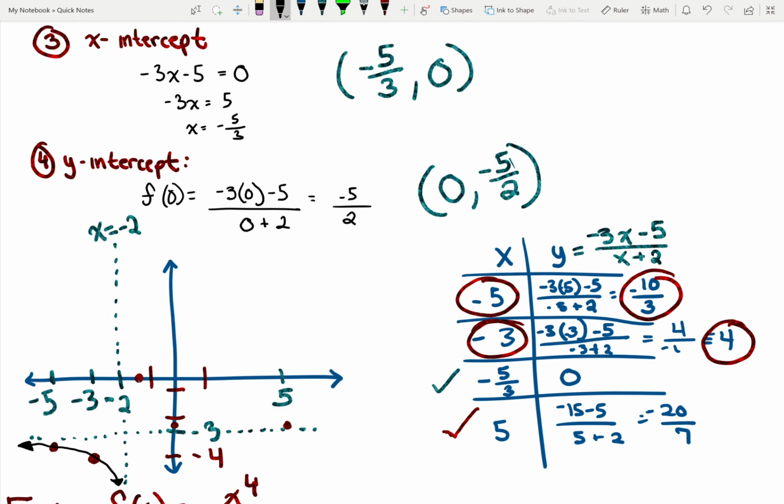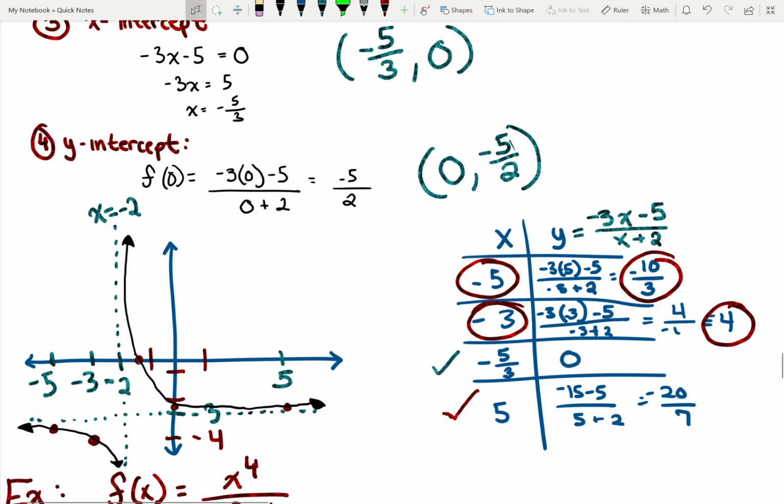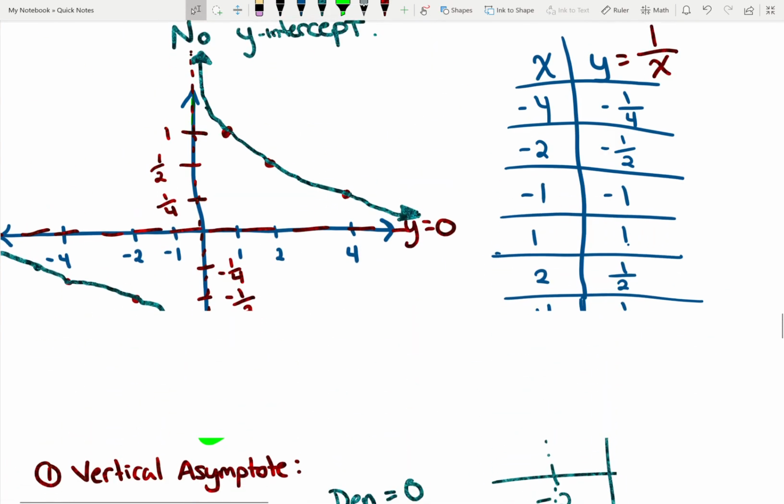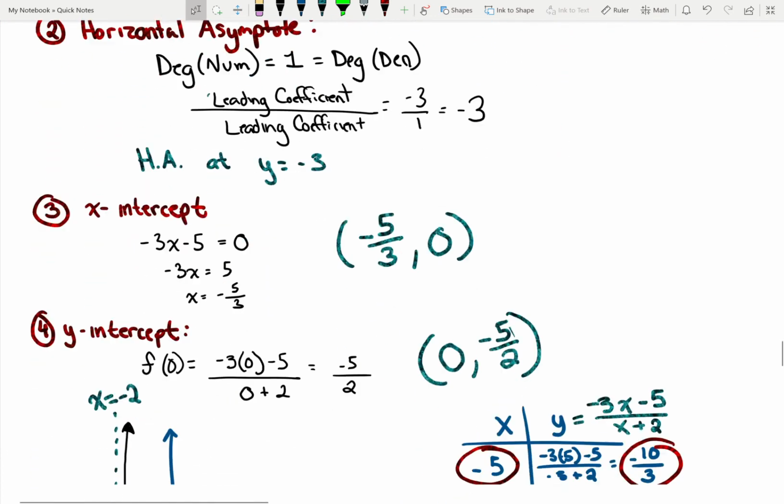And same thing goes with this guy. I want to connect these 3 dots in a way that they kind of bend and avoid our 2 asymptotes. So rational functions will always look a little funky for the most part. And this one kind of looks similar to the one that we just did, but translated a little bit.